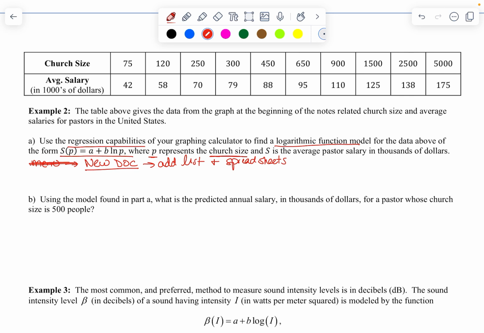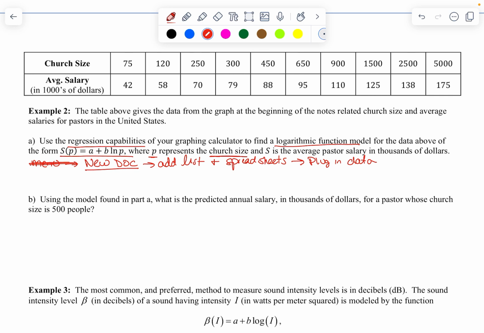And then once you're in there, you're going to plug in your data. Under A, that's going to be my input values, which is going to be the P, representing the X. So I'm going to call it P. You can call it whatever you want.